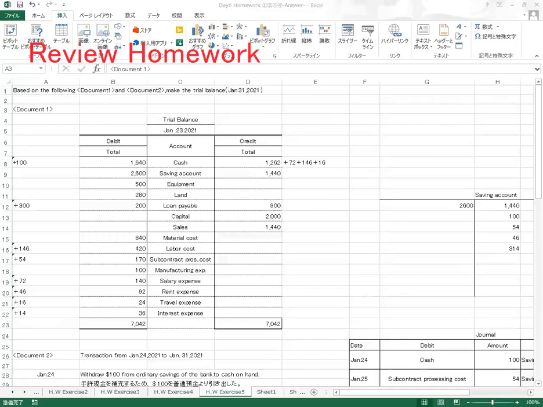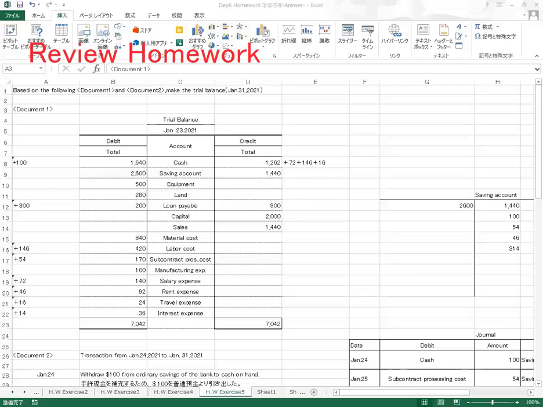Exercise 5 is based on the following document 1 and document 2, and you make the trial balance till January 31. So you see document 1 is the trial balance, but that date is January 23.